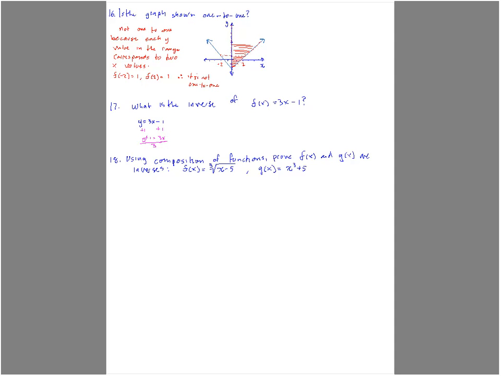And then you divide everything by 3. And so what you get is, I'm going to go ahead and put x first. X is equal to y plus 1 over 3. And another way to put that is f inverse, the -1 there is inverse, is equal to x plus 1 over 3.